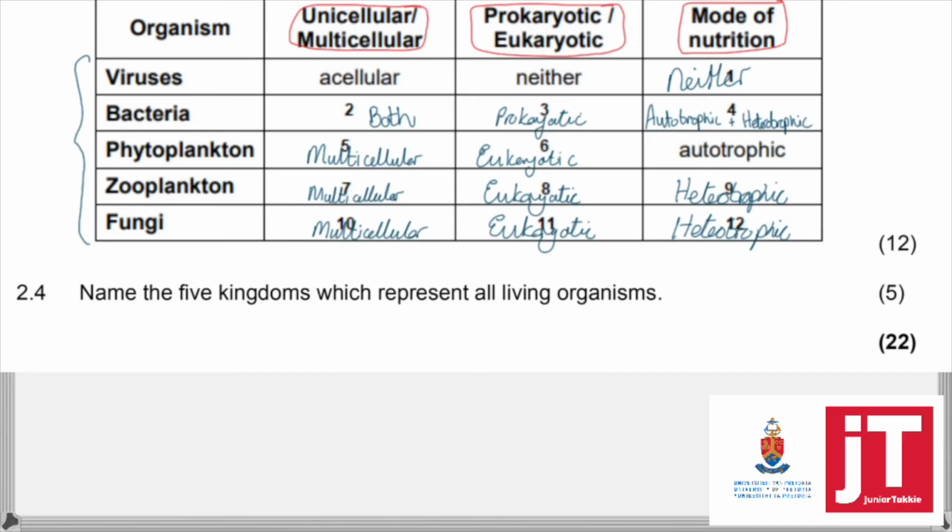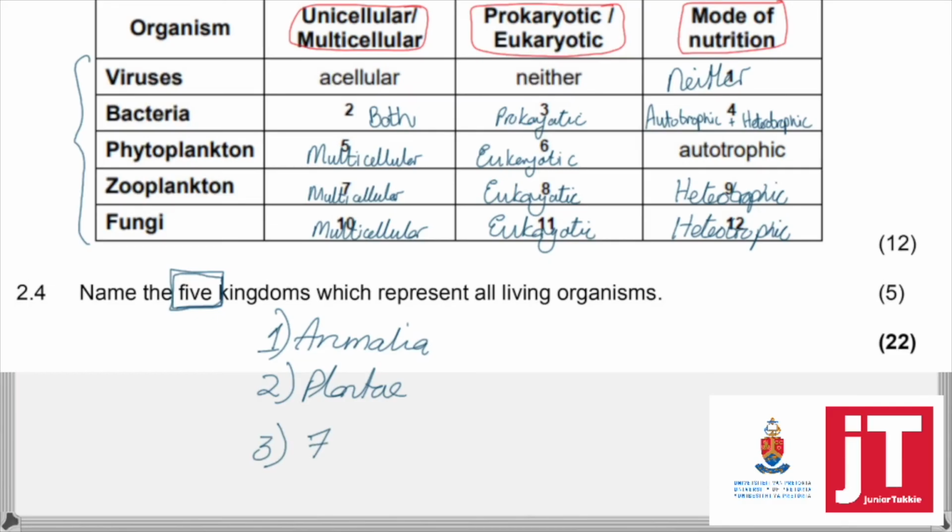Now, question 2.4, naming the kingdoms of living things. There are 5 that we need to name. We're looking at the first 2, which are the simple ones, Animalia and Plantae. Please have a look here. It asks for the 5 kingdoms, so simply writing down animals would not be good enough. We need to make sure we refer to the actual kingdom of classification here. And that would be Animalia, Plantae for plants.